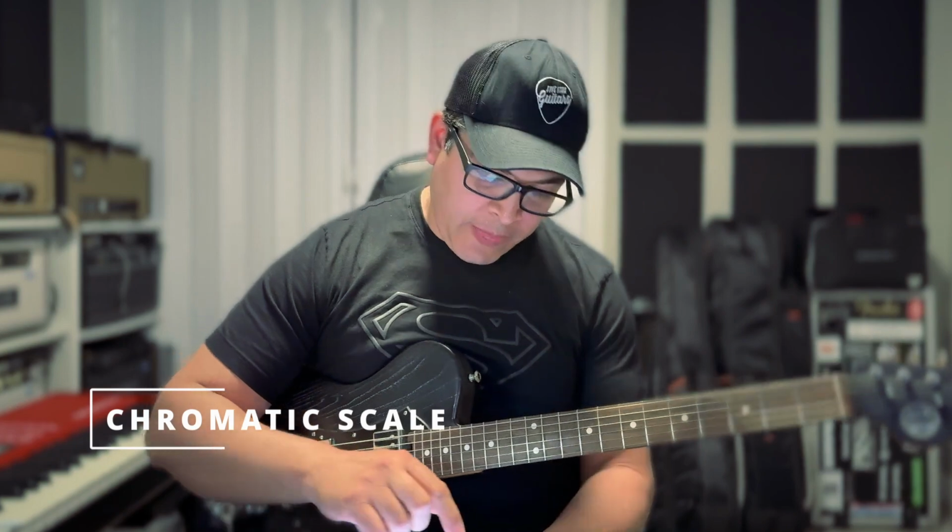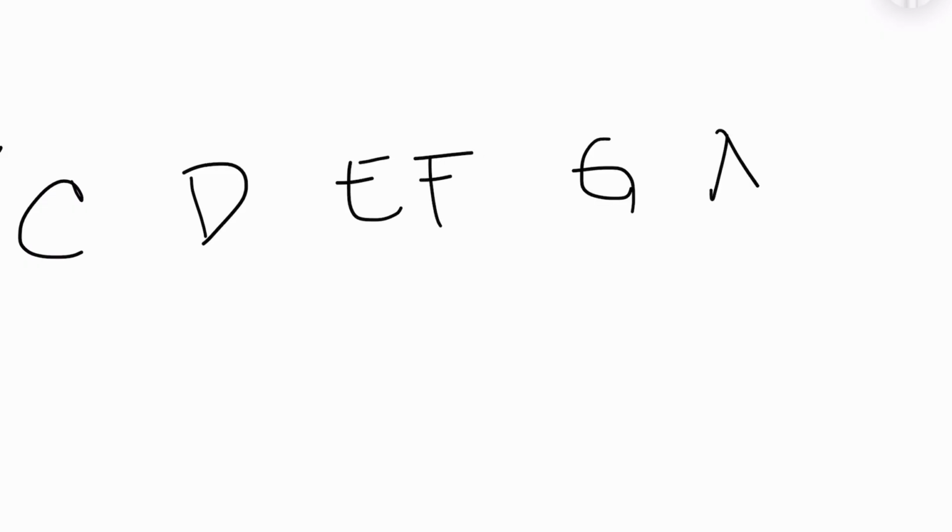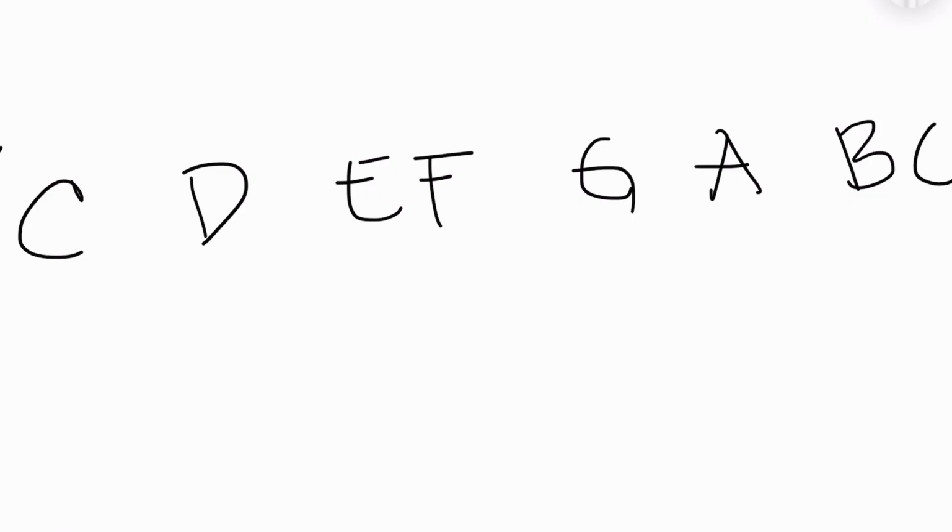So we have C, D, E, F, G, A, B, and C. But now the chromatic scale, we have C, D, E, F, G, A, B, and C. If you can see on the iPad, I just left a space between those notes because right there is where we're going to write down our sharps or flats.